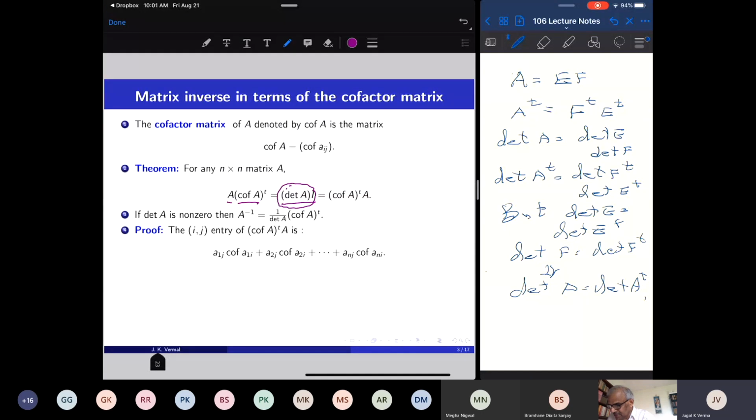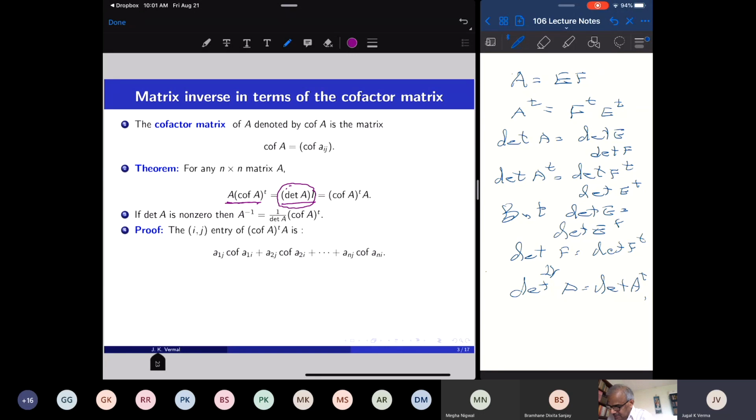If i equals j, it's a diagonal entry, and that is equal to the determinant. So we will show that A times the transpose of the cofactor matrix has the same property: if i is not equal to j, the ijth entry is equal to 0. If i equals j, the ijth entry is equal to the determinant of A.